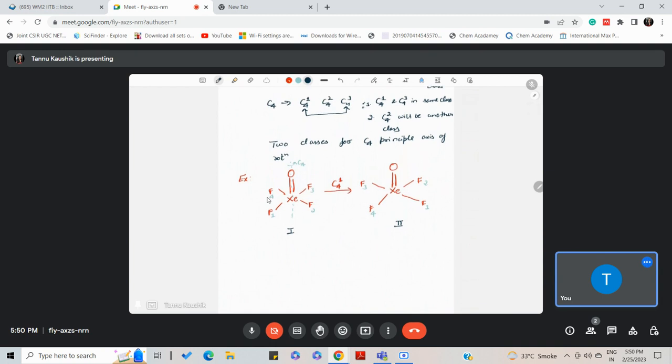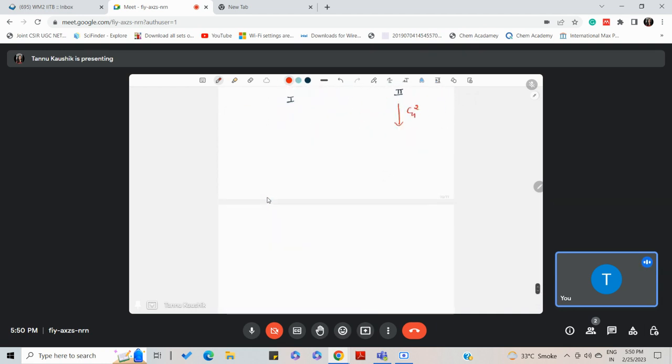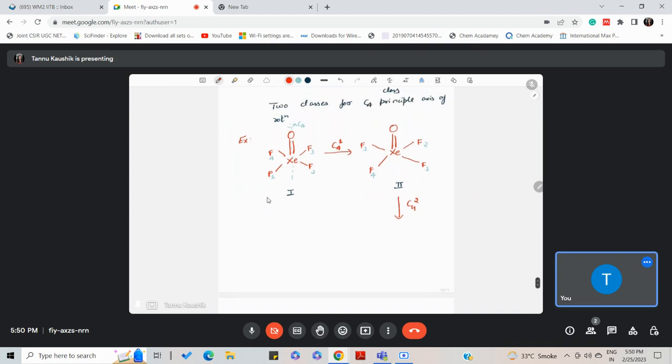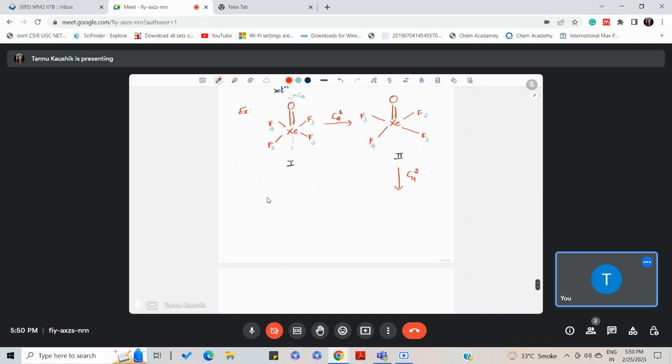Now, if we apply the C4^2 axis of rotation, it is basically a C2 axis of rotation, we can say. So what will be the configuration we get now?